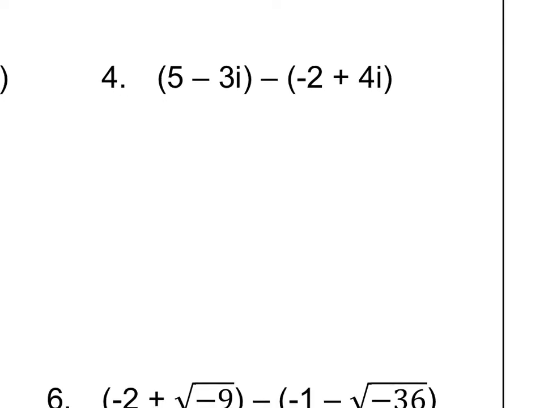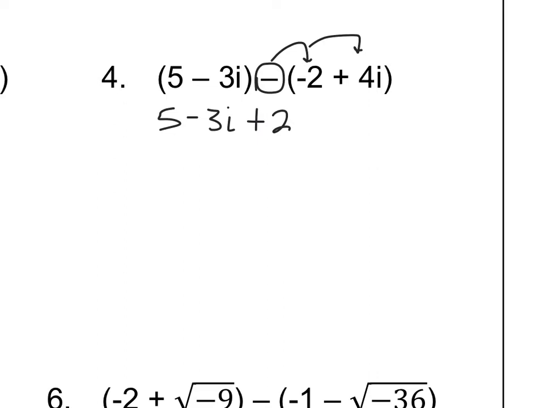The parts where things are going to get a little bit different is when I get into this subtraction problem. I see that it's a subtraction. So remember, if it's subtraction, I have to distribute first. So I'm going to have 5 and minus 3i. Negative 1 times negative 2 is positive 2.